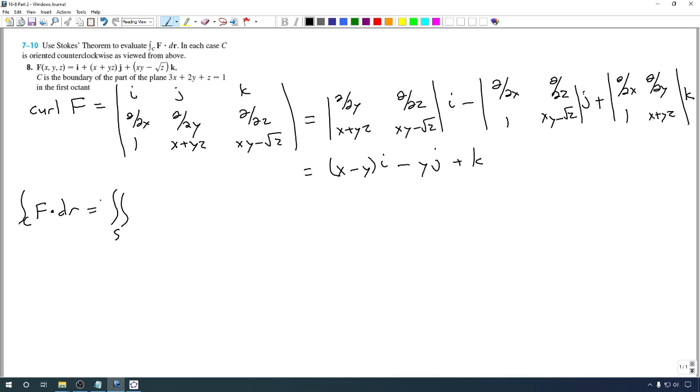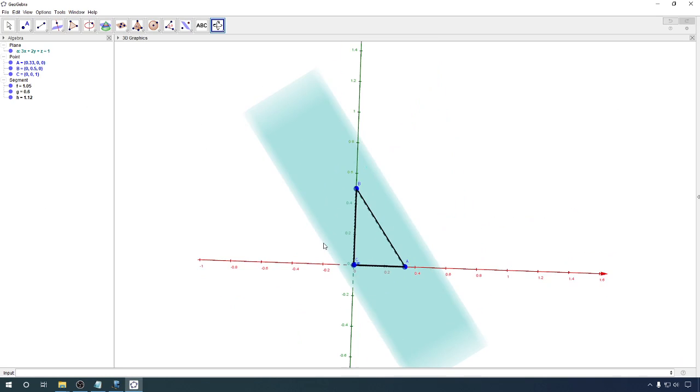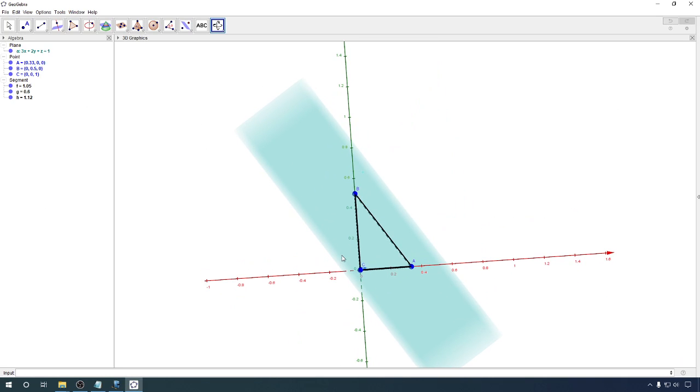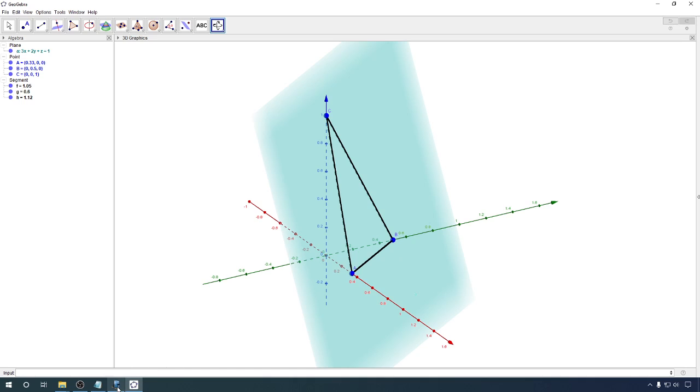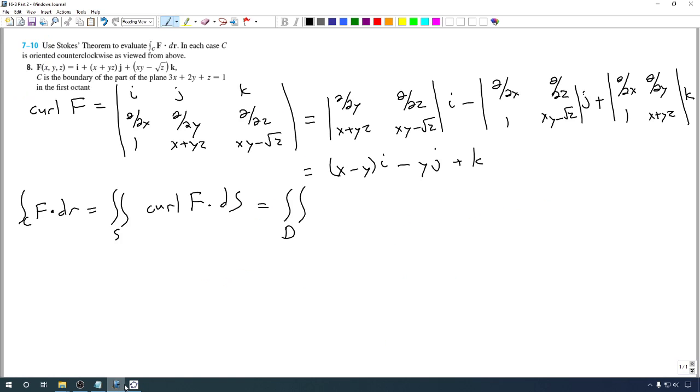So the integral over that triangle of the curl dot dS is going to be the double integral over the triangle in the xy plane. If we view it from above, we have this triangle down here. That's going to be D, or at least I'm going to call it D for the moment.